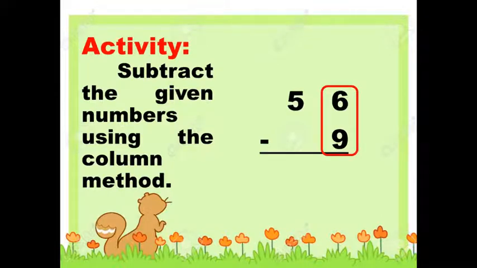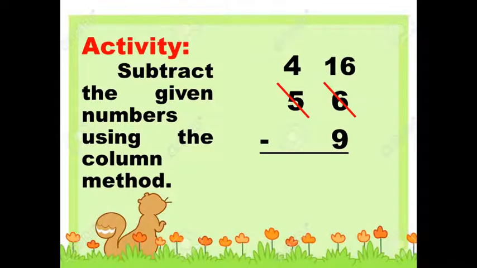6 minus 9. Can we subtract 6 minus 9? No, because 6 is smaller than 9. So again, we will borrow from our nearest tens, which is 5. So 5 minus 1 would become 4. So our 6 would become 16. Now, can we subtract 16 minus 9?